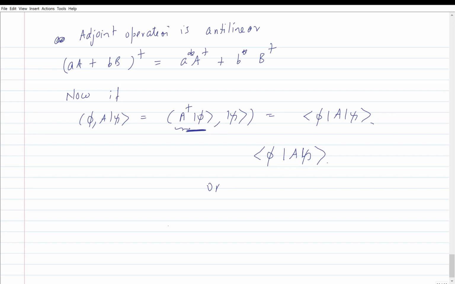So one can apply the operator either from the left or from the right over here.